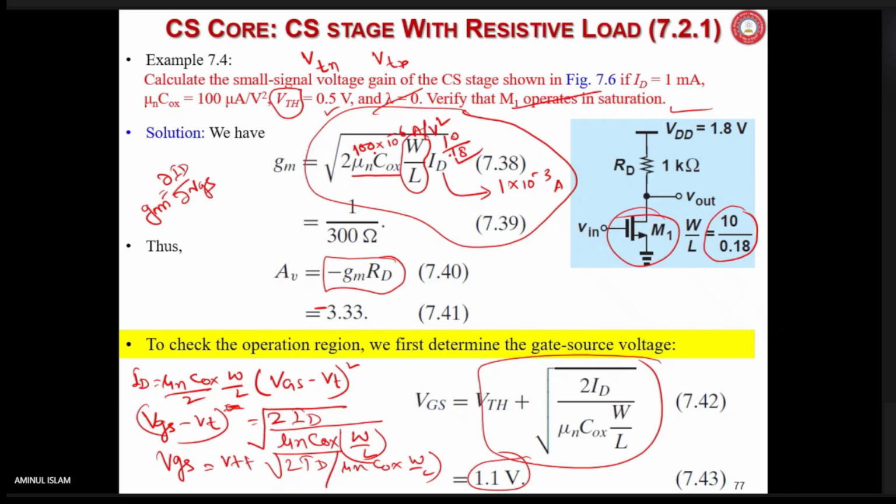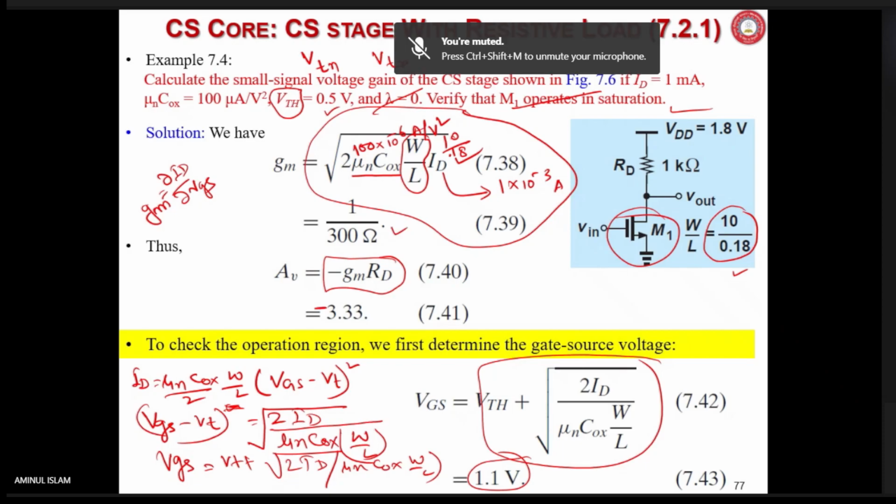So putting in the values, mu n COX is given as 100 microampere per volt square, 100 into 10 to the minus 6 ampere per volt square, and W by L is given as 10 by 0.18. ID is 1 milliampere, so 1 into 10 to the minus 3 ampere. If you calculate, you will get the value 1 upon 300 ohm.